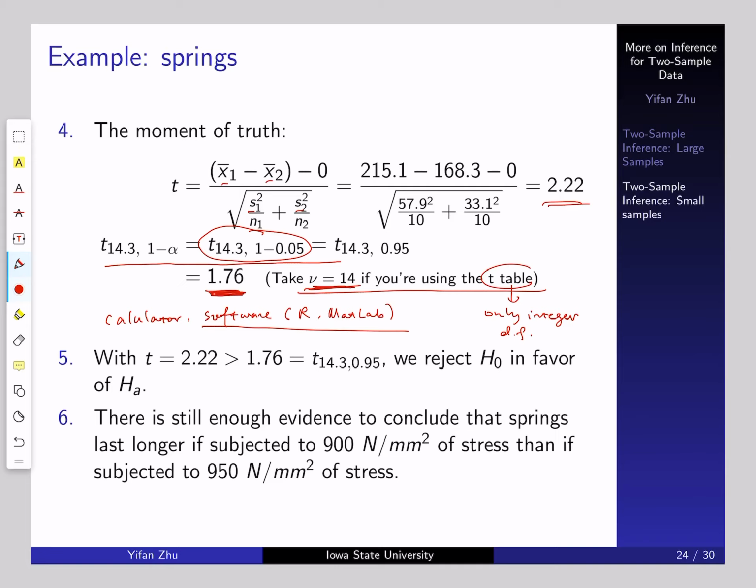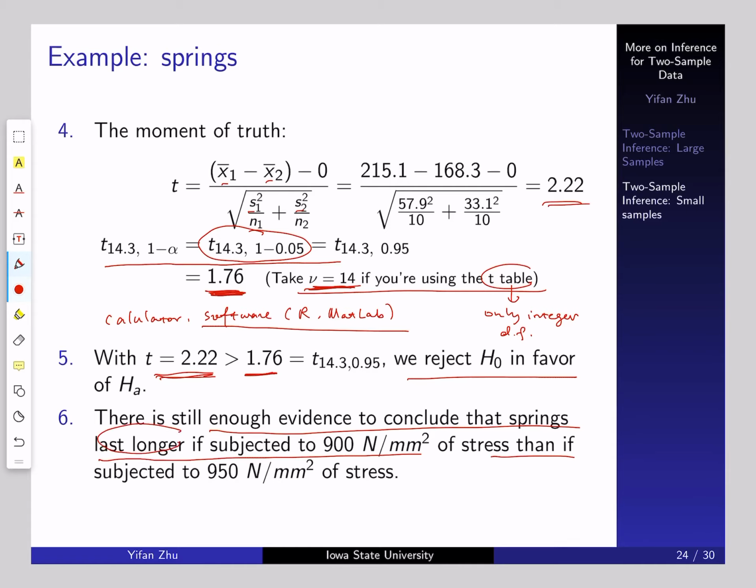Okay, so since now the observed test statistic is greater than the critical value, we can reject H0 in favor of HA. And we say that if we relax this assumption, where we don't assume that the variances are the same, we can still have enough evidence to conclude that the springs subjected to 900 stress last longer.